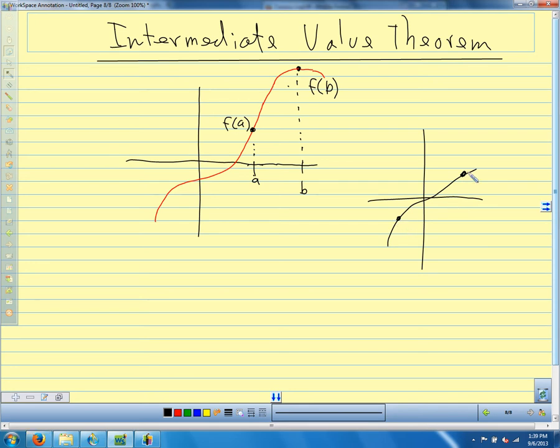So here it's negative, here it's positive. Somewhere between those two it has to equal 0. That's usually how we use the intermediate value theorem. So if we know it's negative here and positive there, then at some point in between those two, it has to go through 0.